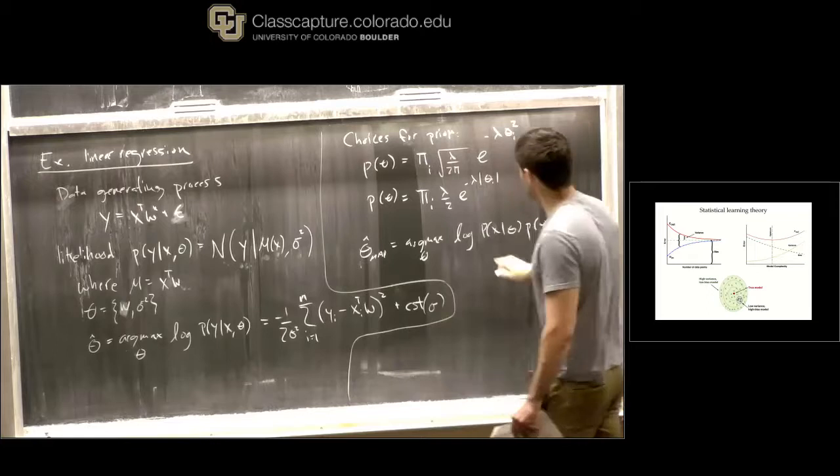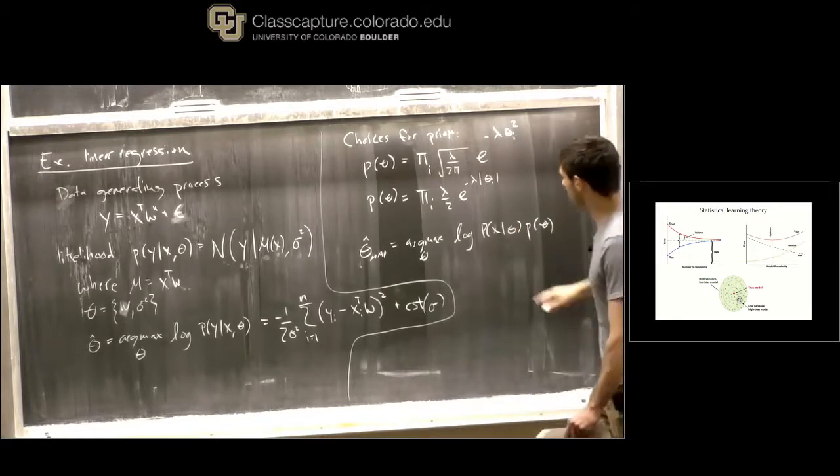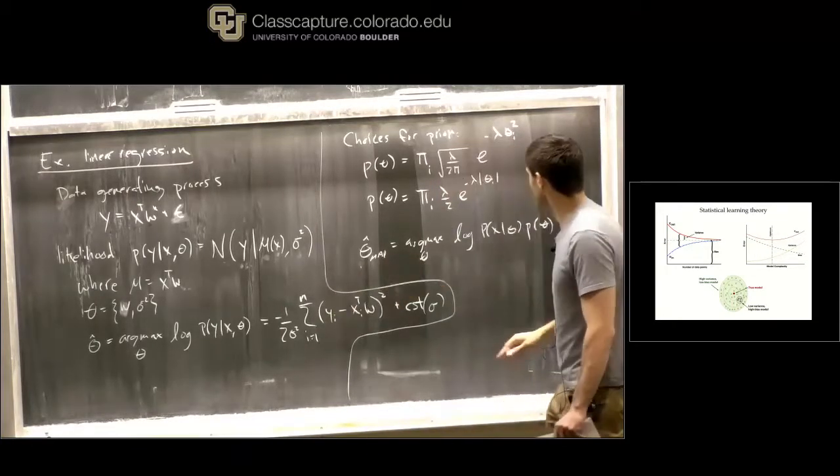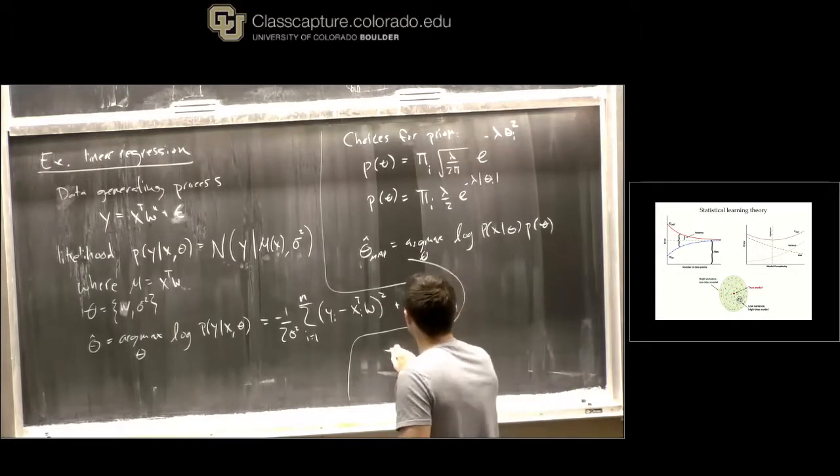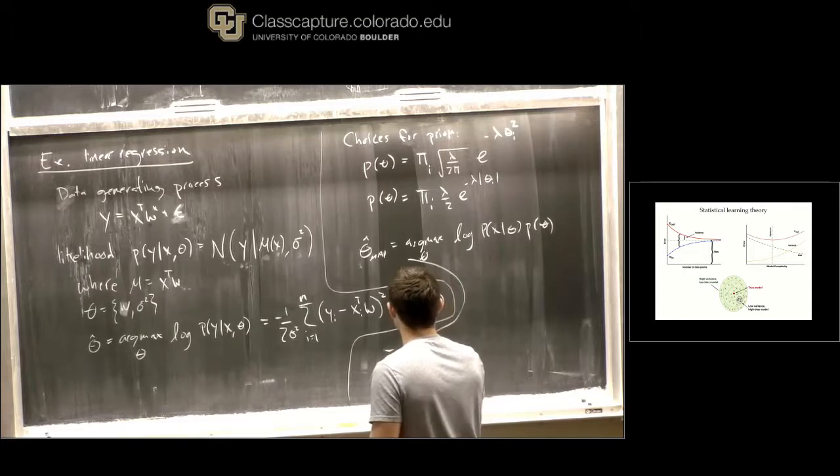And thanks to the log, this becomes a sum of two terms, right? The first term is what we saw before. And the second term, down here, is going to be something that you probably have seen before.